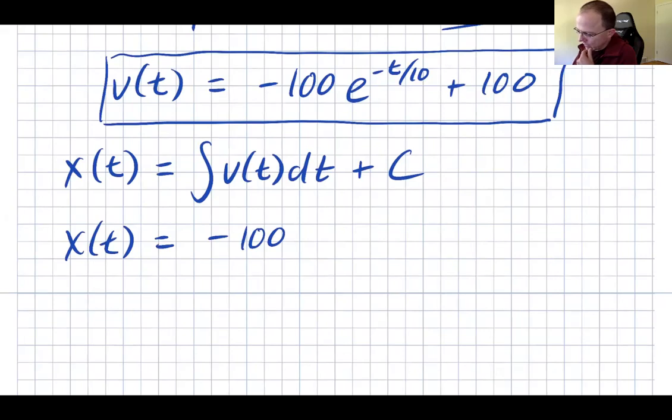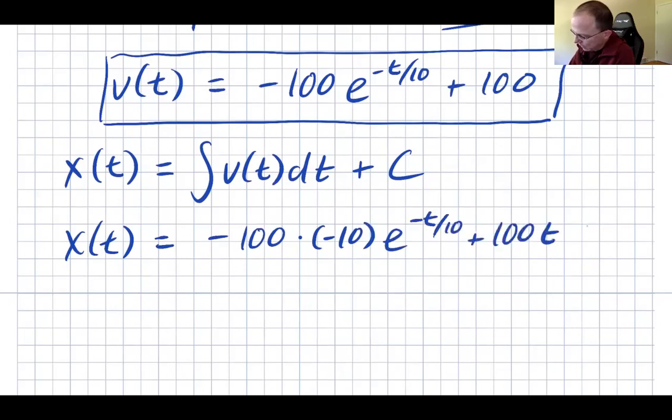So to cancel that, we will need to multiply by negative 10. And then this will be 100 times t, and then plus c.